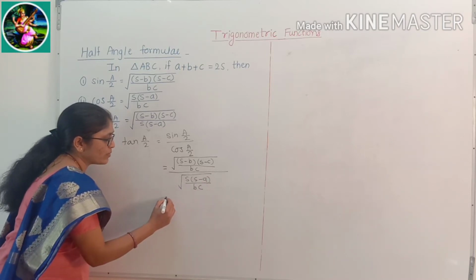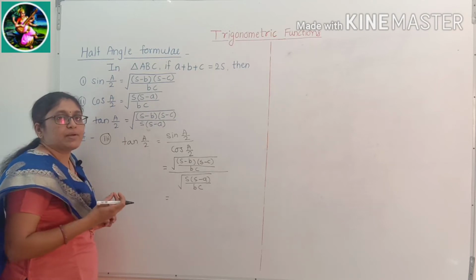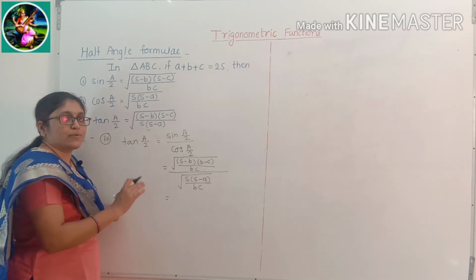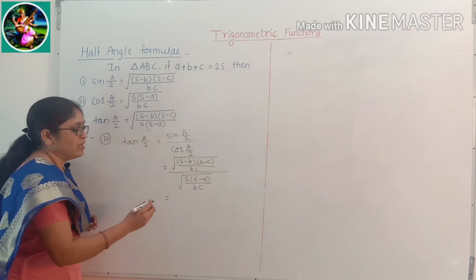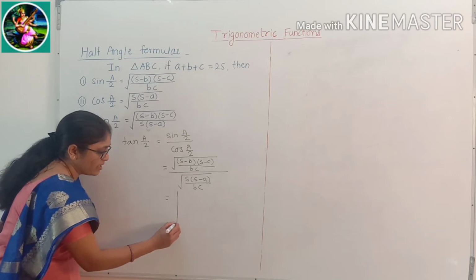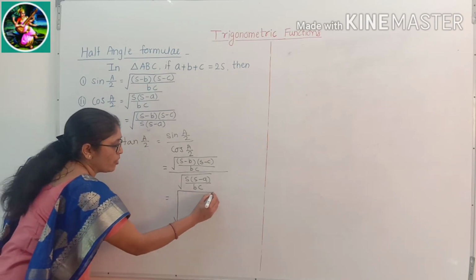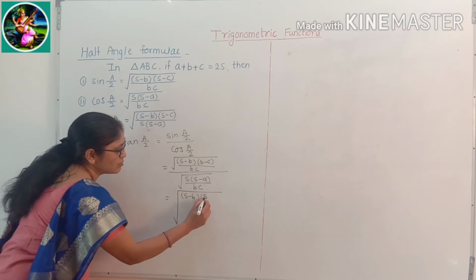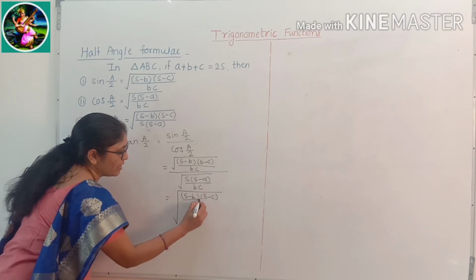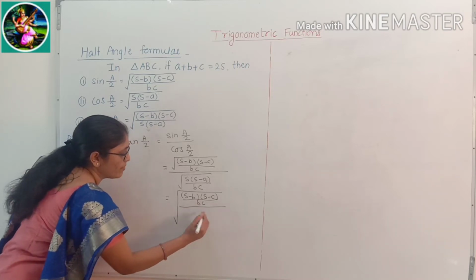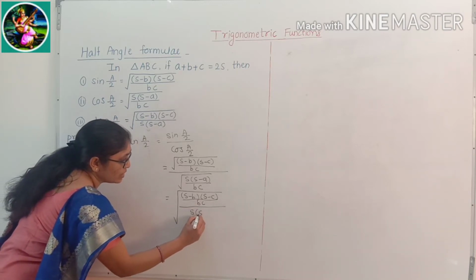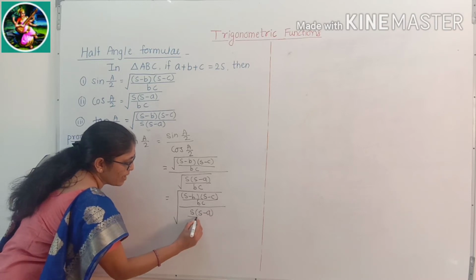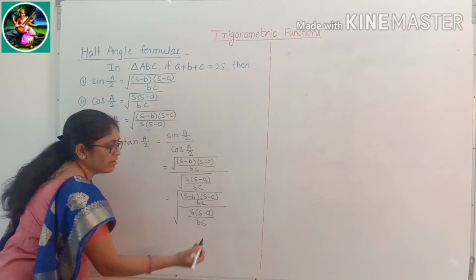We know that square root of a divided by square root of b is square root of a upon b. Therefore, here we write square root of s minus b into s minus c divided by bc, and this whole divided by s into s minus a divided by bc. That bc gets cancelled.